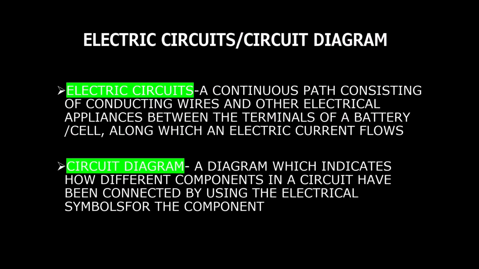Today we will study about electric circuits and circuit diagrams. All electrical components or appliances are connected with each other in a certain manner. A continuous path consisting of conducting wires and other electrical appliances between the terminals of a battery or a cell, along which an electric current flows, is known as an electric circuit.